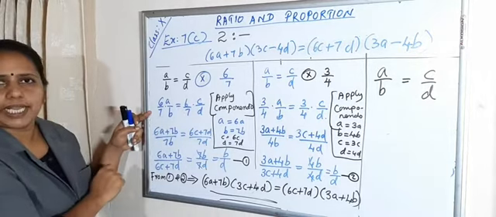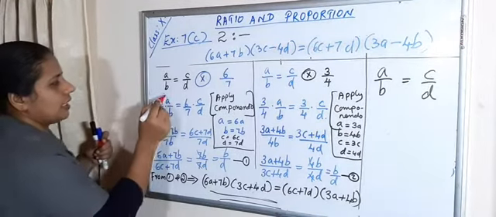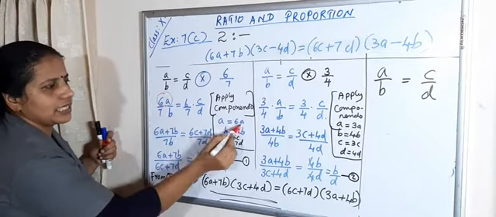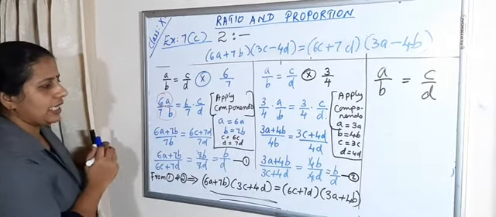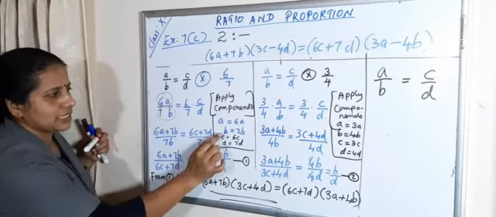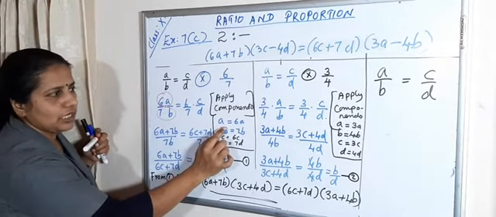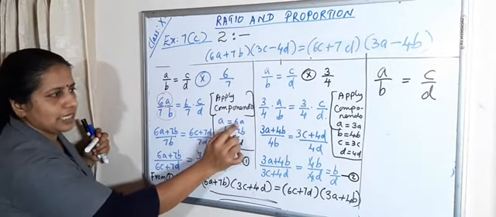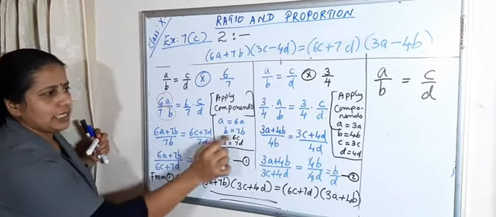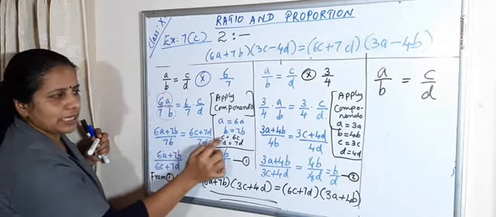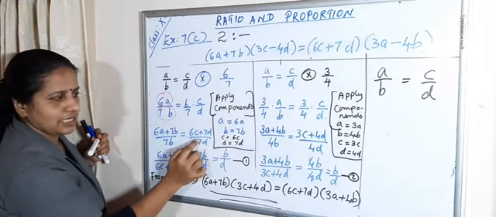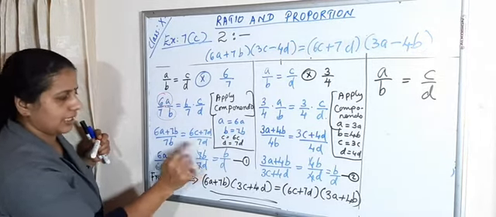Now I am applying componendo. This is our A, 6A. That is A is equal to 6A and B is equal to 7B. Now don't look at here. Just write, use componendo. That is equal to (A + B) by B: (6A + 7B) divided by 7B equal to (C + D) by D: (6C + 7D) divided by 7D.